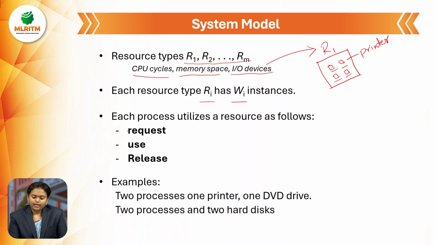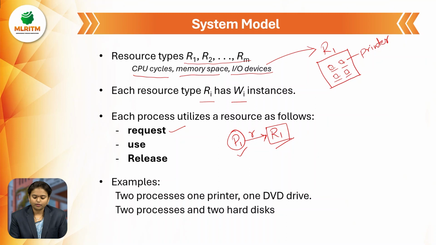Each process utilizes a resource as follows. Request: here process P1, for example, is requesting resource type R1. If the request is granted immediately, then the resource is available for the execution of process P1.